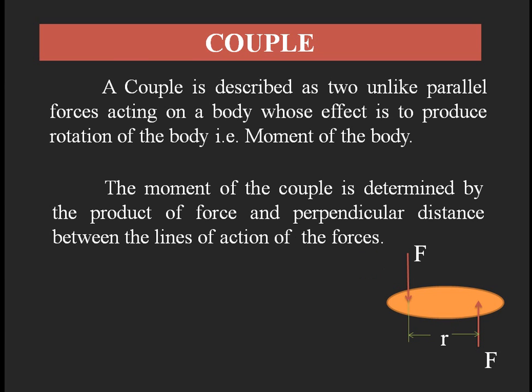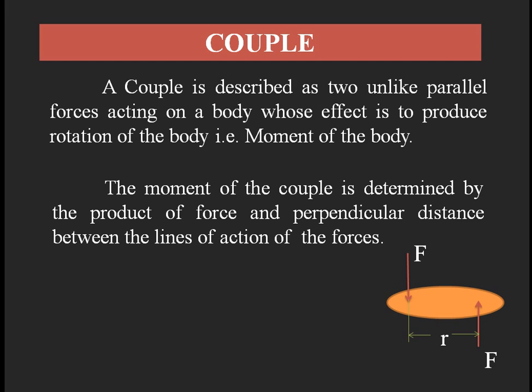Next, the moment of the couple is determined by the product of the force and the perpendicular distance between the lines of action of the forces. Next I am explaining how to find the magnitude of a couple, that is, how to find the value of a couple whenever two equal forces are acting on a body. It is the product of the force and the perpendicular distance between the two forces.